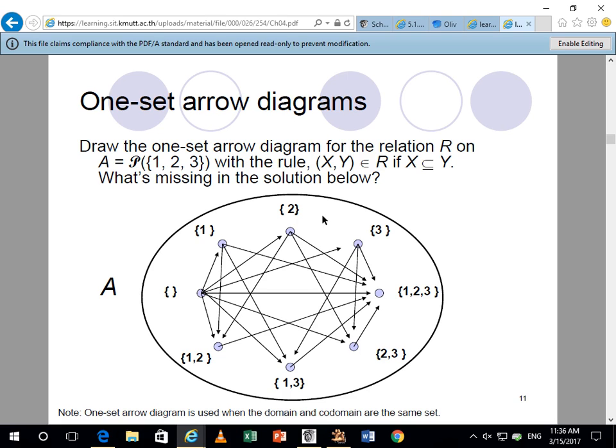These are all the elements in the power set, which are elements of A. So the rule we have, again, A is the domain and A is the codomain in this case, because by default. X, Y are related if X is a subset of Y.